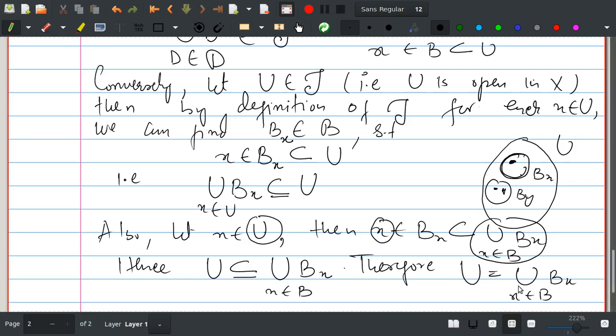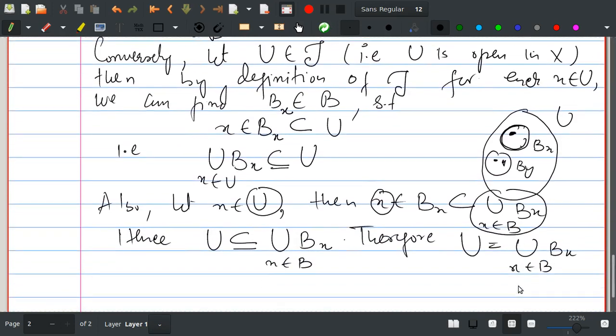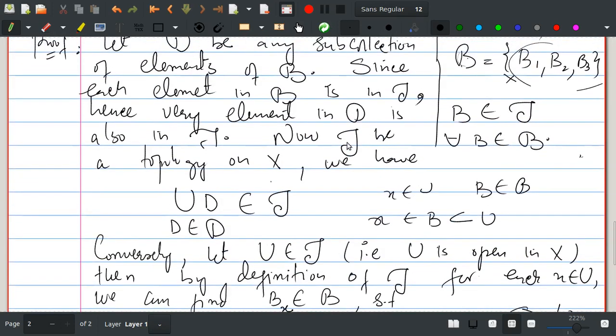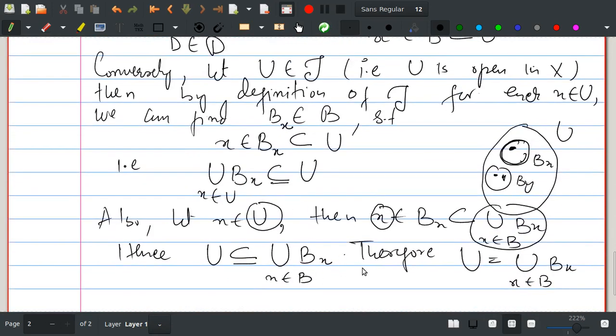Hence we proved that any open set in this topology, I mean any open set of X, is actually the union of these basic elements.